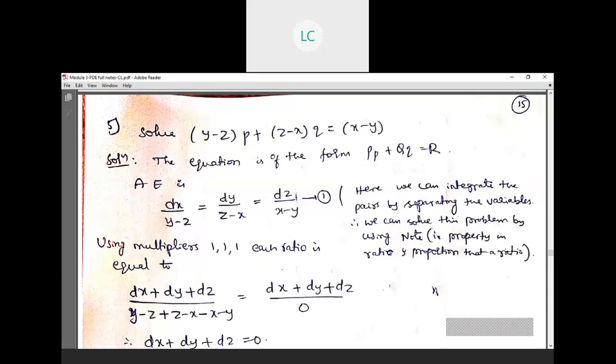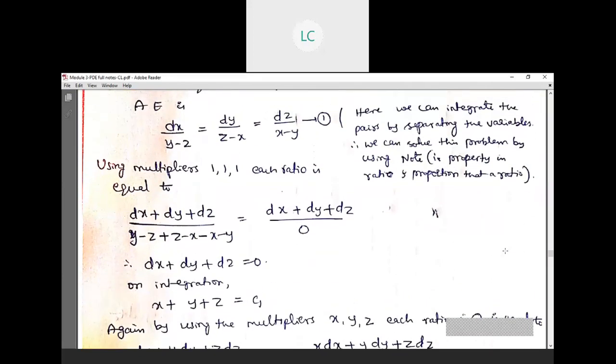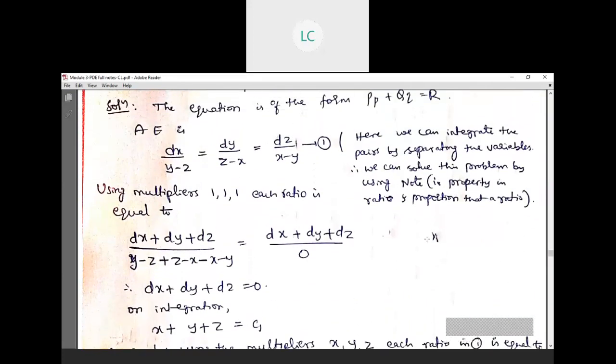First you should know how to take the multipliers. After choosing the multipliers, the denominator should be 0. Like that, you have to choose the multipliers.